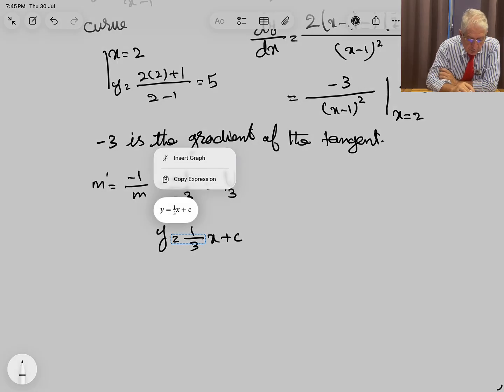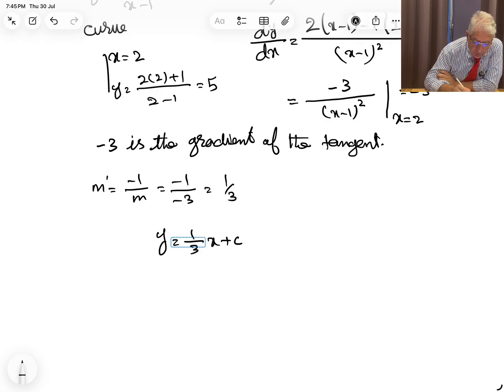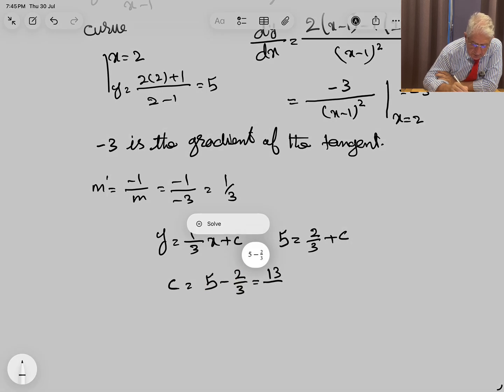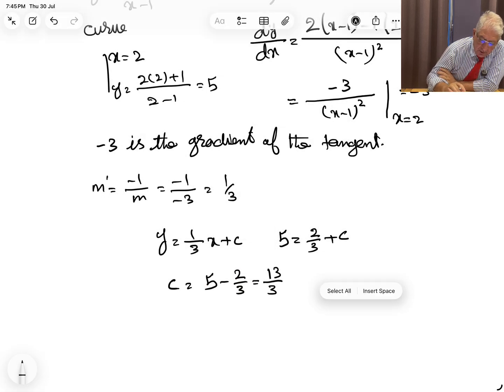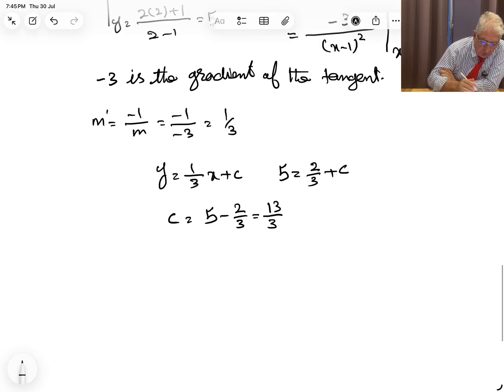You know that when x is equal to 2, y is equal to 5. Therefore, 5 is equal to 2 over 3 plus c. Therefore, c will be equal to 5 minus 2 over 3, which is 15 minus 2 over 3, 13 over 3. Therefore the equation will be y equal to x over 3 plus 13 over 3.